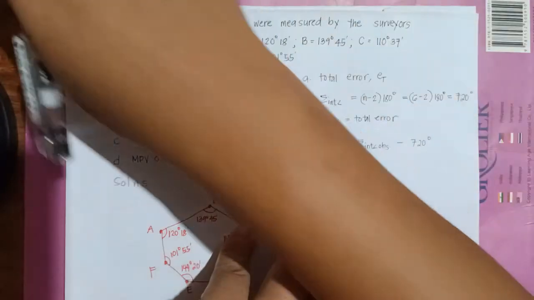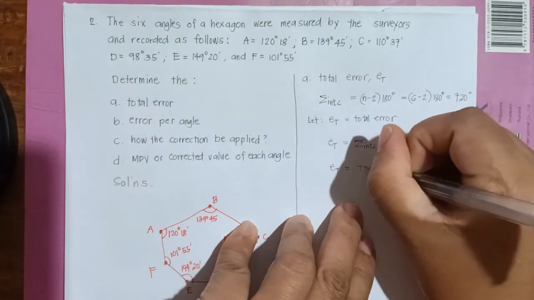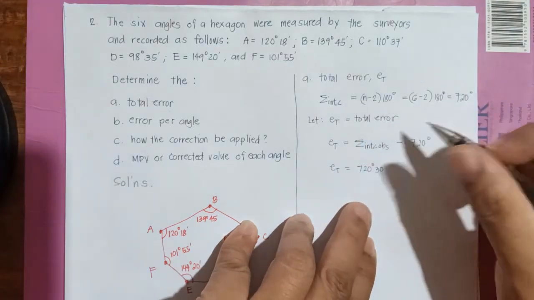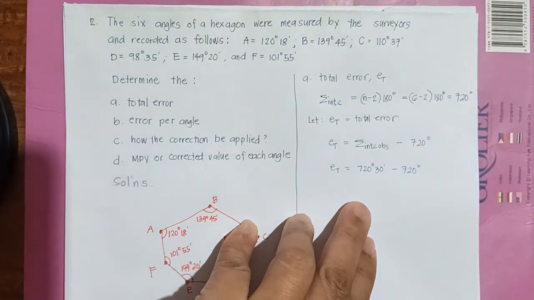After summing up, you get 720 degrees and 30 minutes. And then of course you have to subtract 720 degrees to get the error.